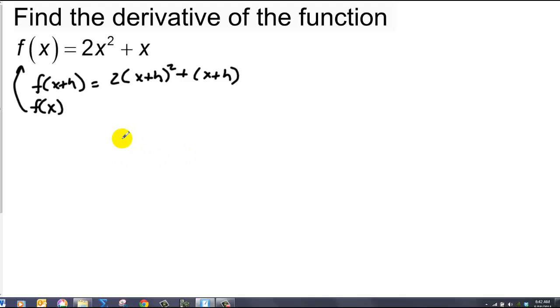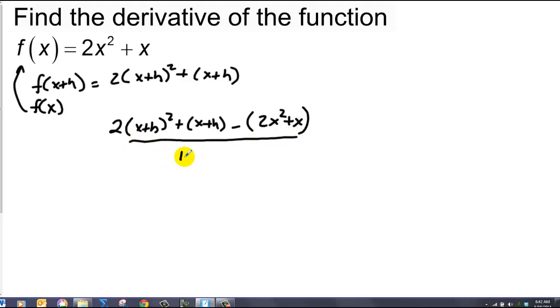So let's plug that in now. f of x plus h, 2 times x plus h quantity squared plus x plus h minus f of x, which is 2x squared plus x, all over h, and we're going to take the limit as h goes to 0.